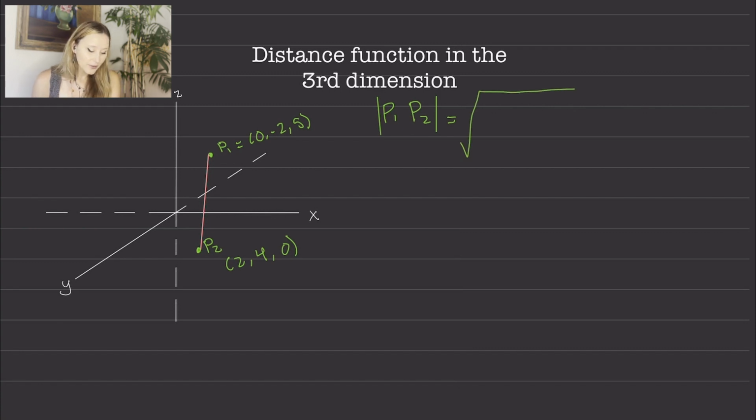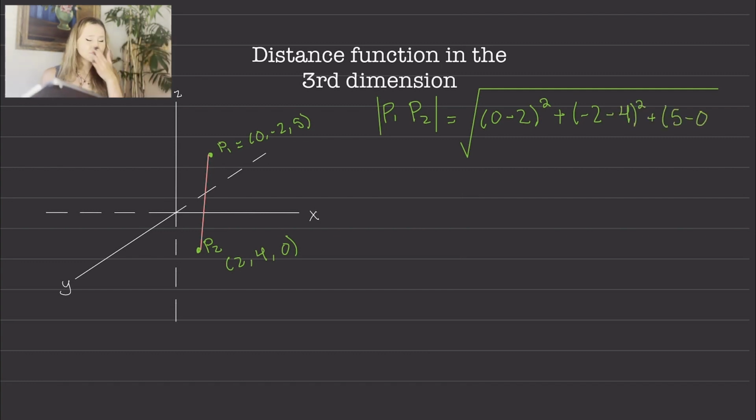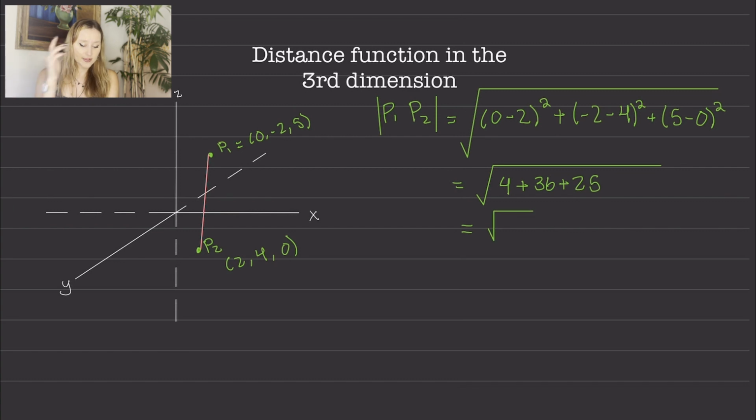Let's take the square root of the x value of P1 minus the x value of P2, that quantity squared, plus (-2 - 4) squared, plus (5 - 0) squared. And we get the square root of 65.